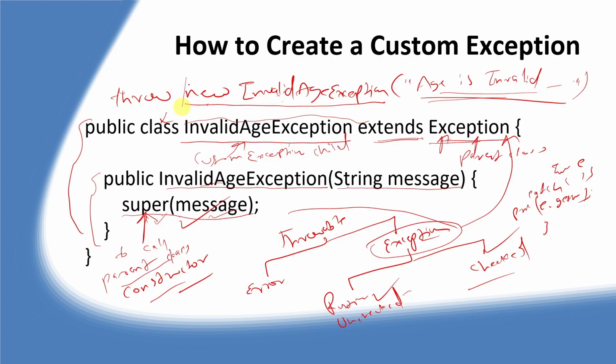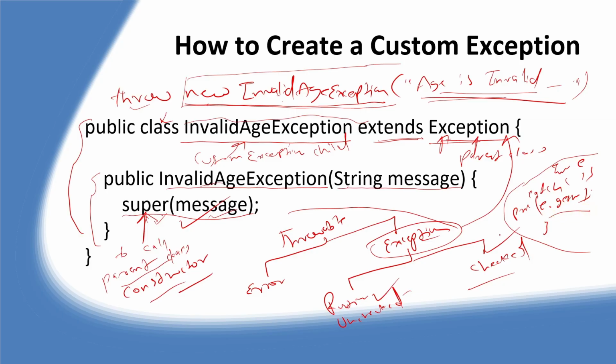So in the try block, if any exception occurs, it creates a matching exception object and throws it. The matching catch block will handle the exception and print the message.